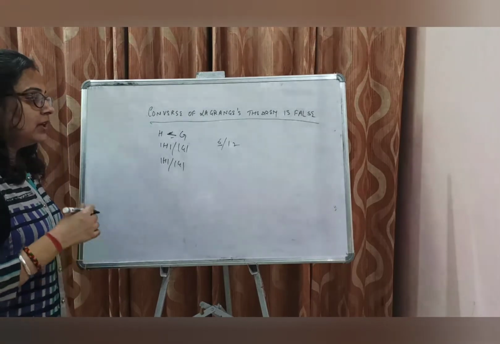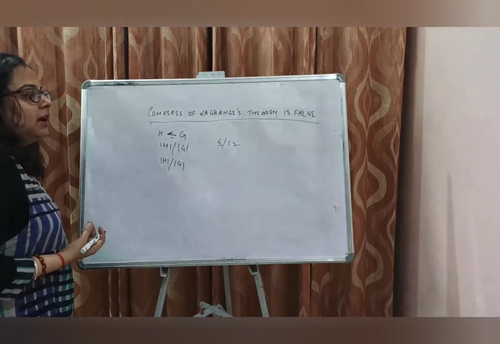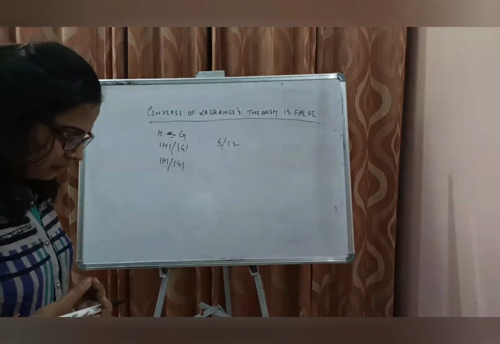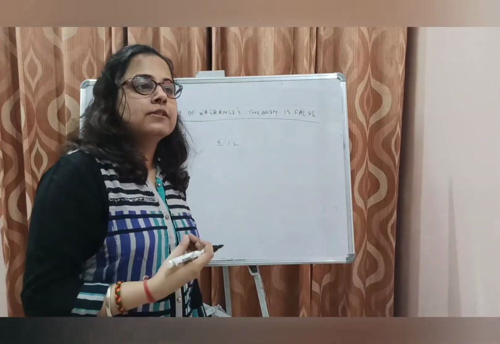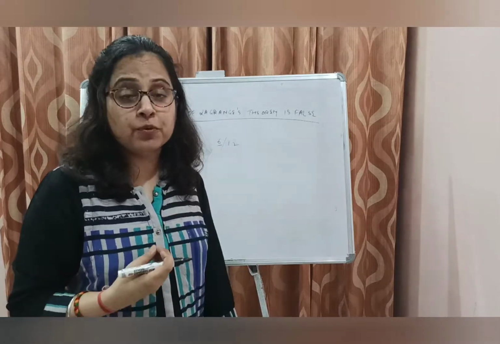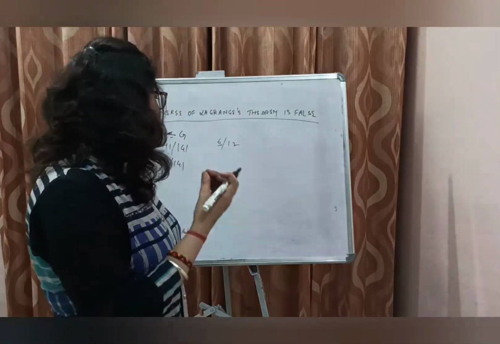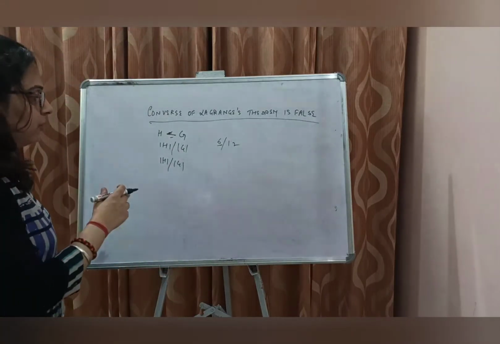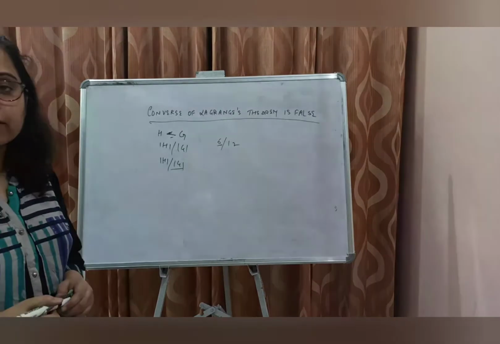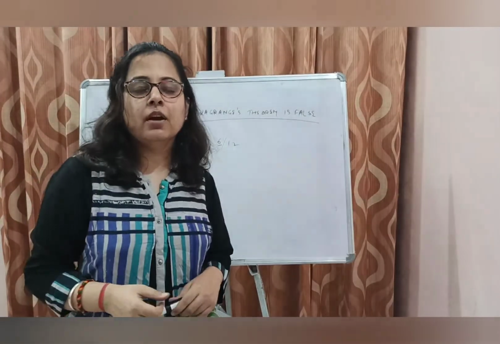Okay, so there might be divisors of the order of a finite group, but it is not necessary that there will be a subgroup of that order. So we need to prove that this is not true. For that we need to find a group and show that it has no subgroups of that particular order.